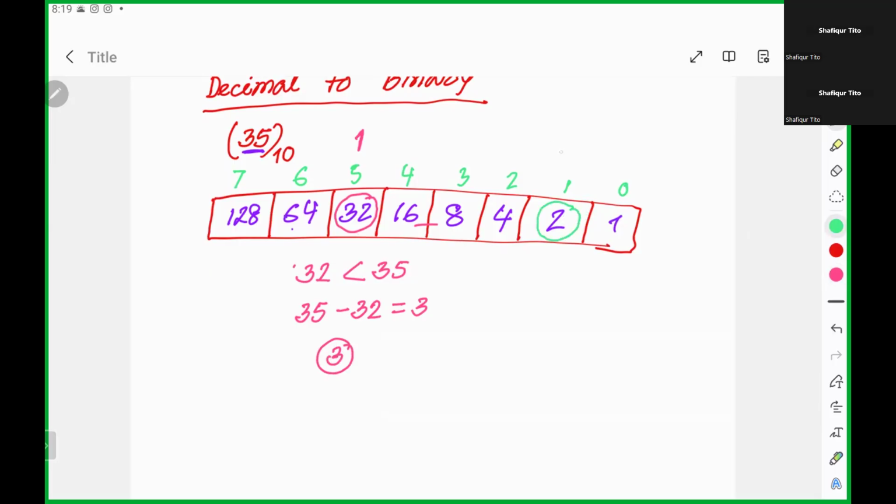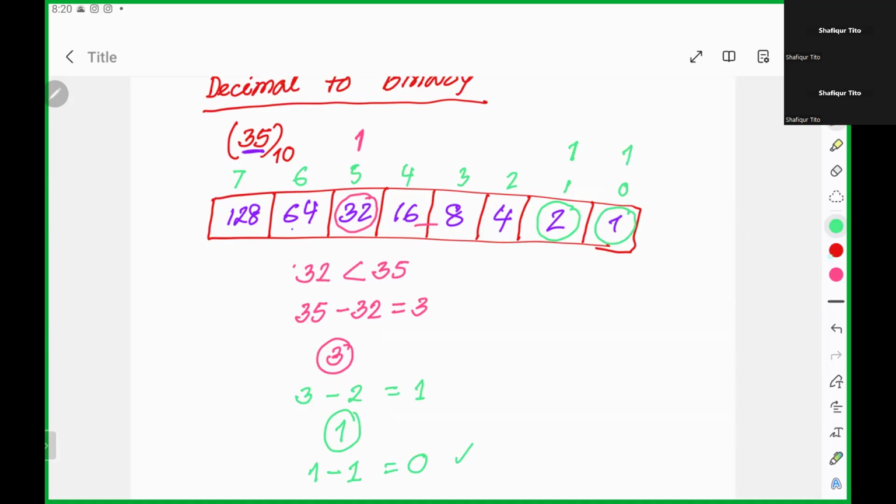So that means this bit will become equal to 1. Then 3 minus 2 is equal to 1. Now for 1, the highest number is definitely 1, so that bit will be 1. And 1 minus 1 is 0. So I have finished all the ones.